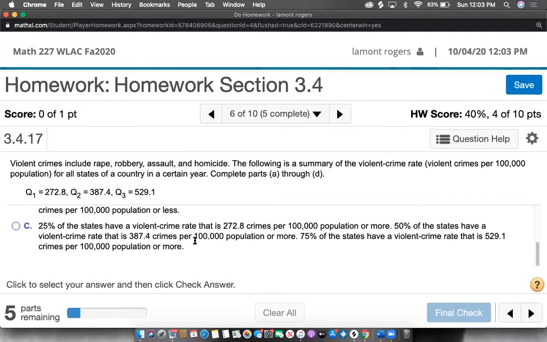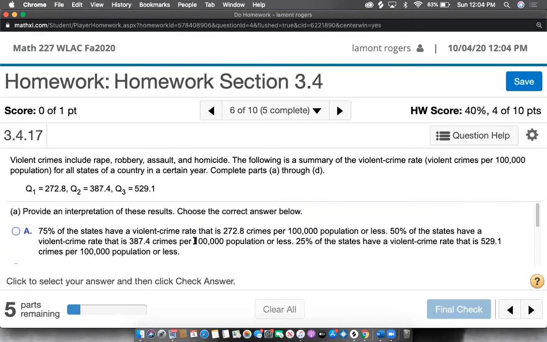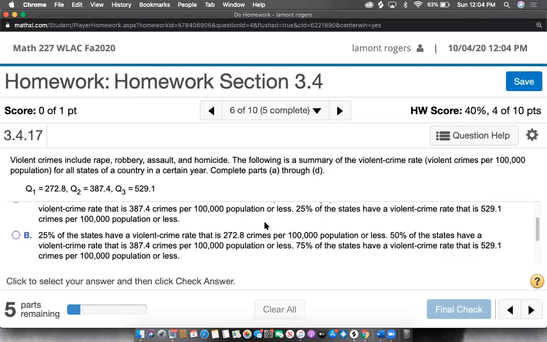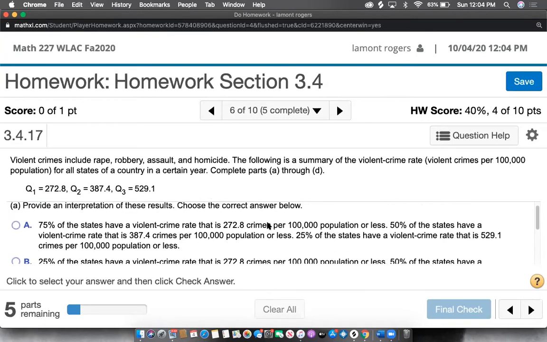I'm not sure what this question is asking, honestly. Well, it says provide an interpretation, so it wants you to write a summary of what Q1, Q2, and Q3 mean in the context of the question. So basically summarize the results. They want to make sure you know what Q1 means.